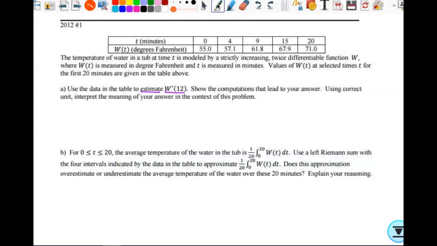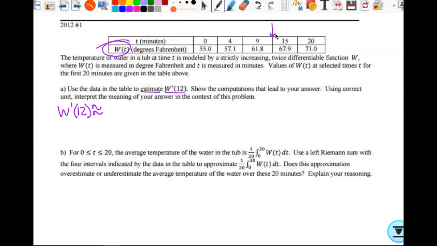They did not give me a w prime. They gave me w. So isn't the rate of change just the slope? So w prime of 12, we're estimating, is about, right? So 12 goes right here. This is where you just, you're doing the slope.